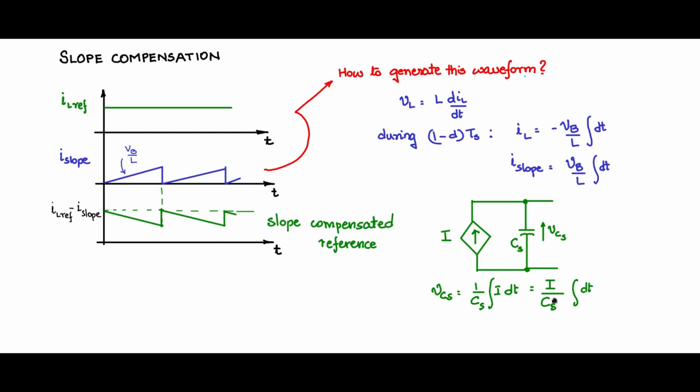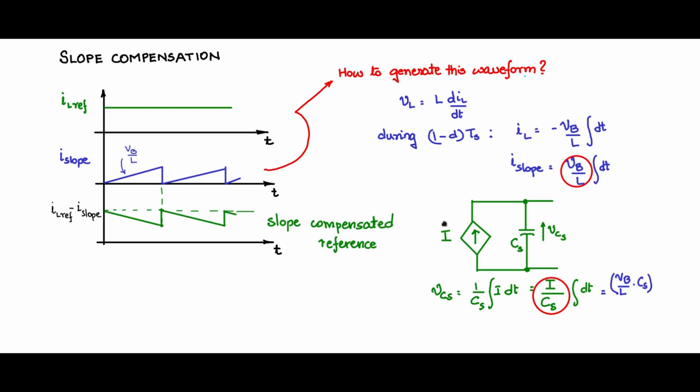Now observe this and this, the coefficients of integral dt, Vb by L and I by Cs. Now comparing these two, we can write I as Vb by L into Cs.